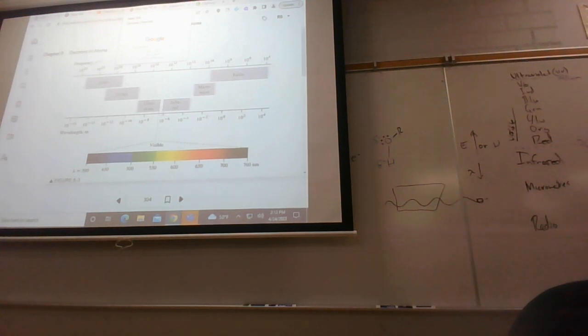So if something's colorless, that means it's not absorbing any visible light. So this plastic, do you see this plastic is clear and colorless? It's not absorbing any visible light. But do you see this liquid? This liquid is blue.